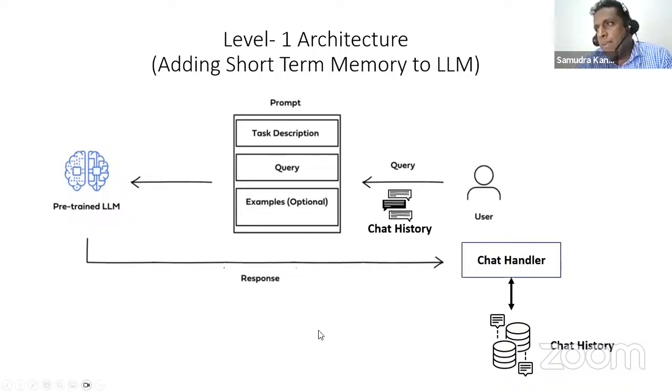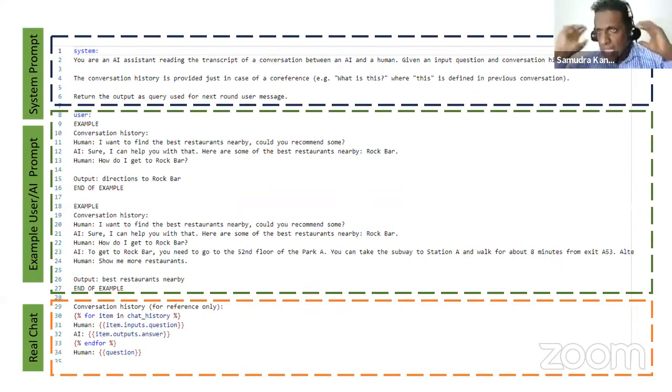You can maintain your chat history on maybe a local database, and together with your prompts, you can send your context. This is a good example, similar to before.